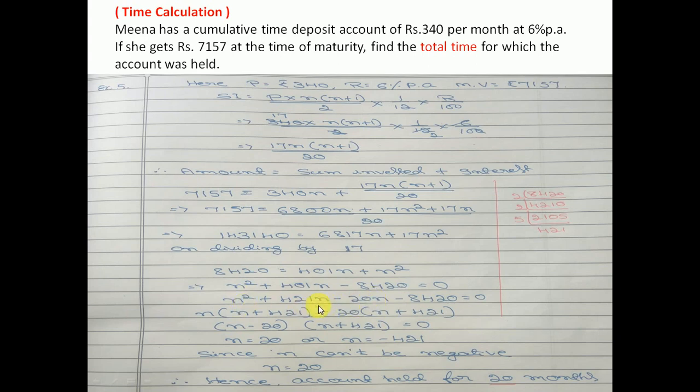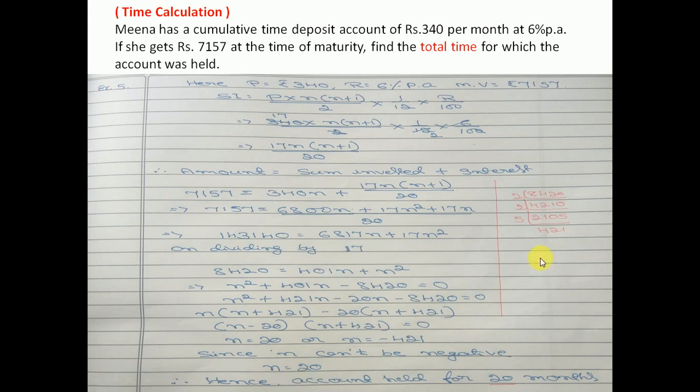Now group these two. Take n common, and 421 is left out. Similarly, take minus 20 out as common, n is left out. Minus has already been taken out, and minus into minus becomes plus. So please make a note here, it is plus, not minus, and it is 421 times 20.